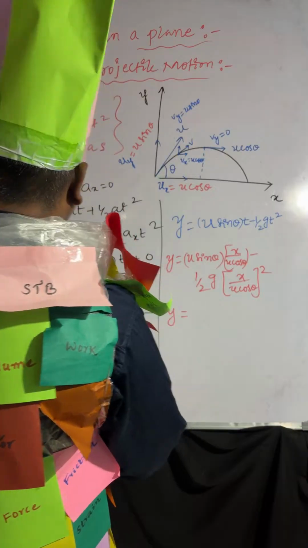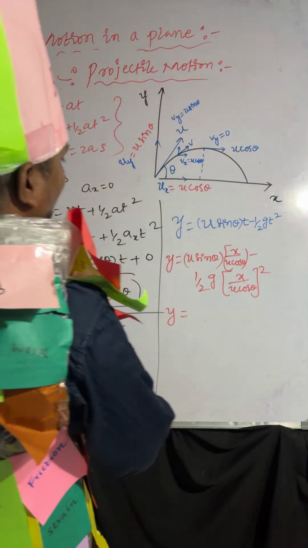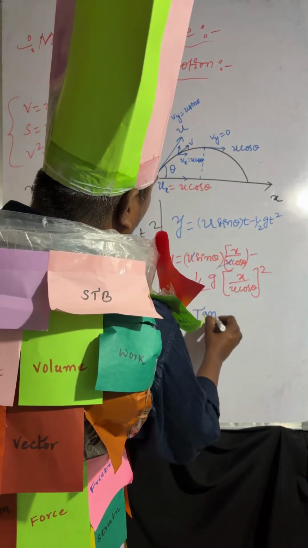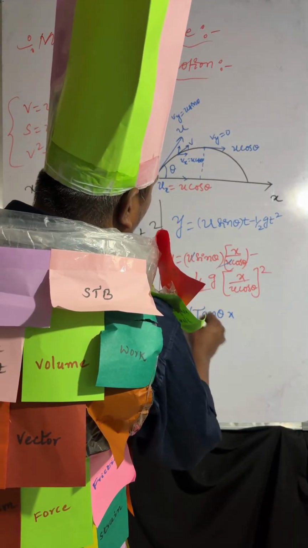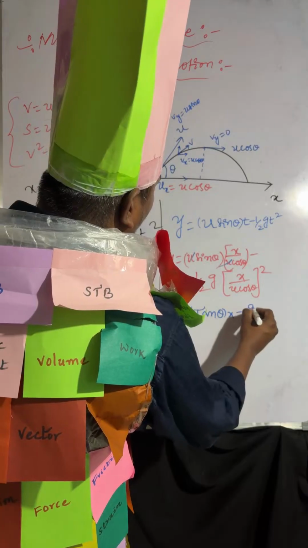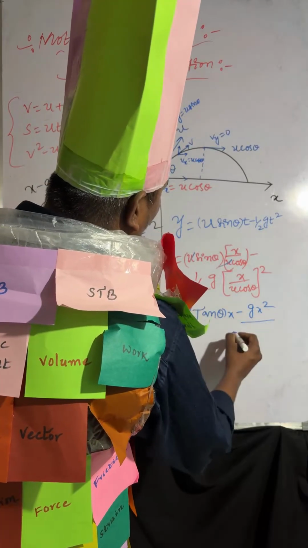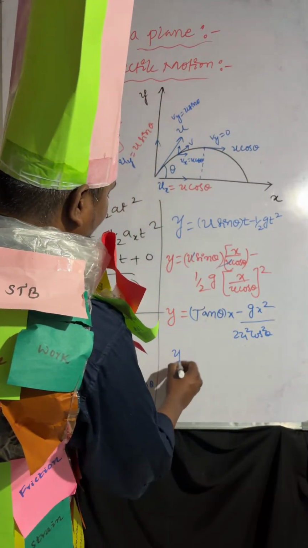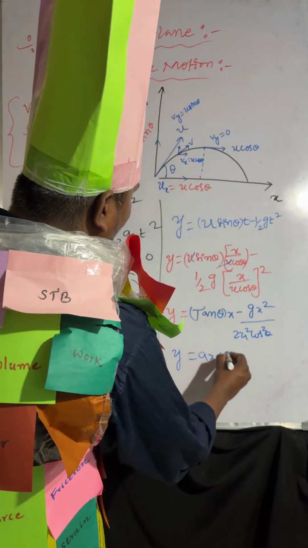Then y equal to, here you can take u get cancelled. So tan theta x minus g x square by 2 u square cos square theta. So it is in the form of ax plus bx square.